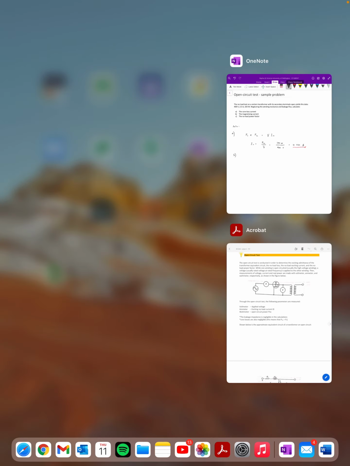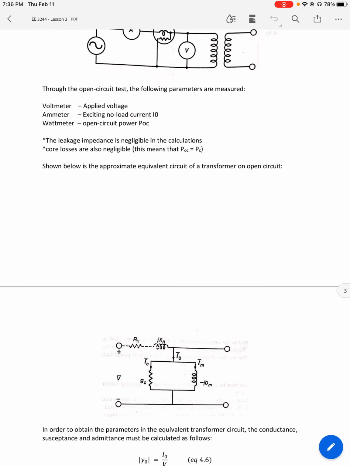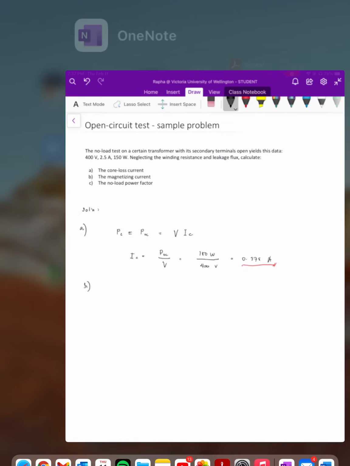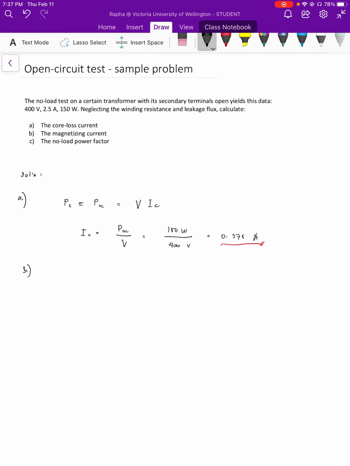Ang IM na to is masolve na to using this concept kani, equation 4.8. So we have to borrow the formula from our lesson 2 part 2.